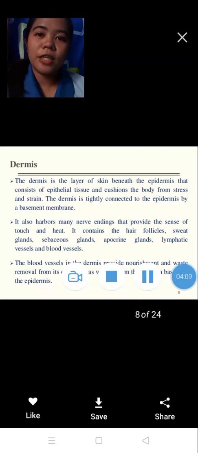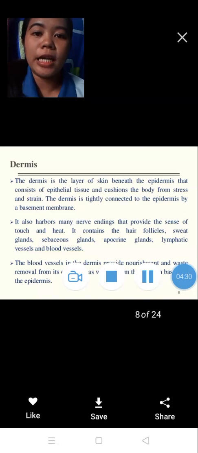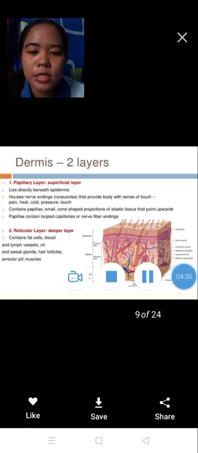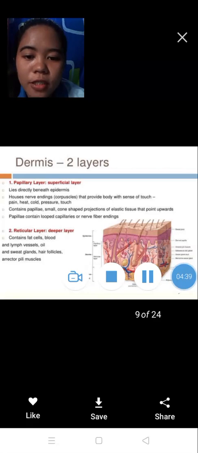Also, the dermis is a fibrous structure composed of collagen, elastic tissue, and other structural components that include vasculature, nerve endings, hair follicles, and glands. As I said earlier, the role of the dermis is to support and protect the skin, and the deeper layers assist in thermoregulation and aid in sensation. We have here the 2 layers of the dermis, the papillary layer and reticular layer.